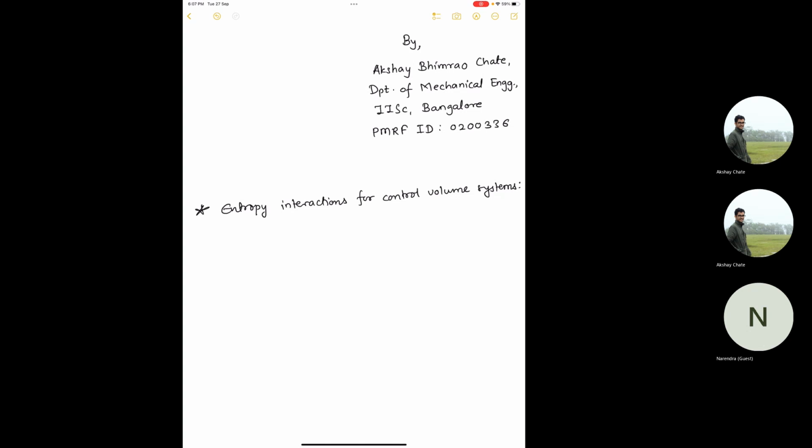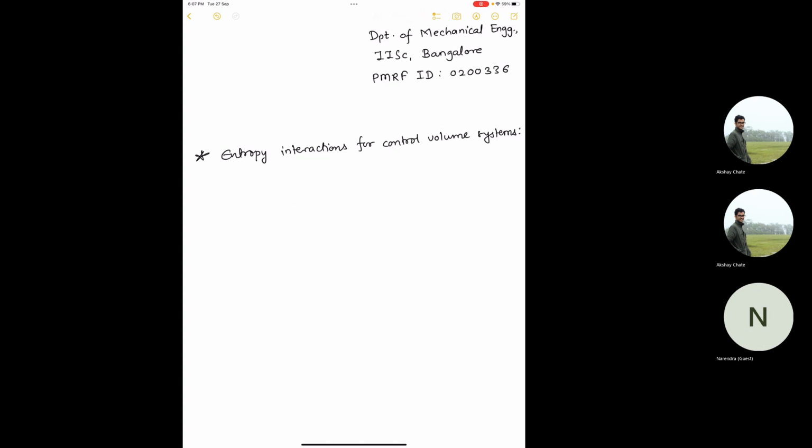So what I mean is, you can write this first law for control volume system as we'll take this uniform state, uniform flow process. We have seen this earlier.